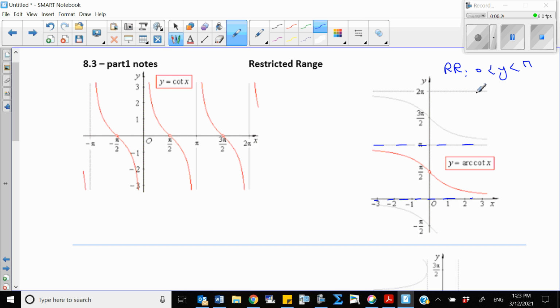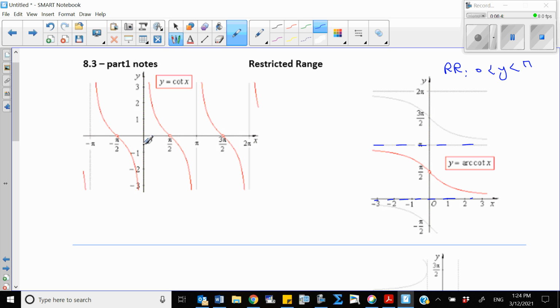And once again, I want you to pay attention that graph of cotangent is decreasing, is going down. And graph of arc cotangent is also decreasing, it's going down. So that's how you can say the difference between tangent -1 and cotangent -1.